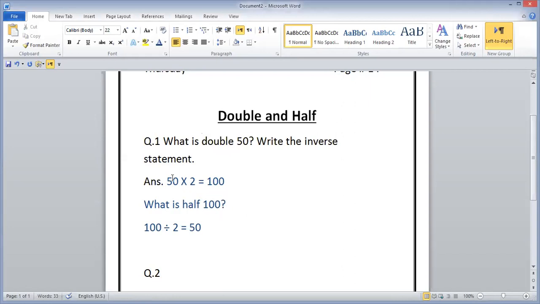So you will see that double of 50 is 100, and half of 100 is 50. In order to find the inverse, you will write the opposite of double, that is half, and half of the answer. So again, you will get the number given in the question, that is 50.